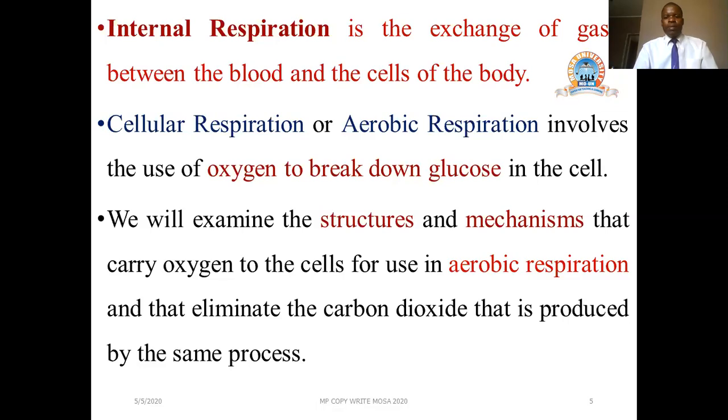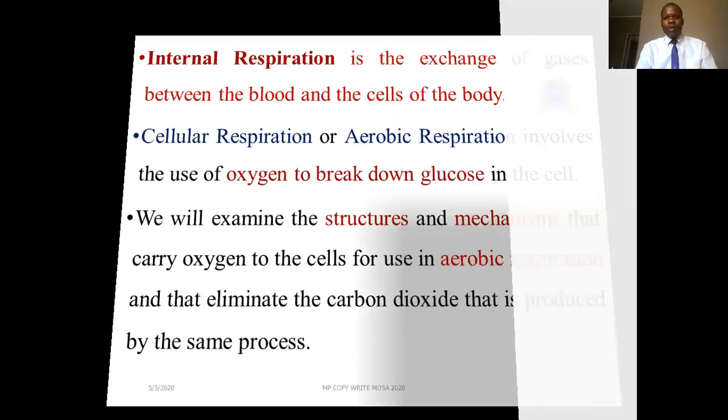The product that comes out of those reactions is carbon dioxide, and that carbon dioxide is not supposed to be kept within those cells, but has to be removed. How does it get out of the cell? That will be one of the discussions as we proceed.